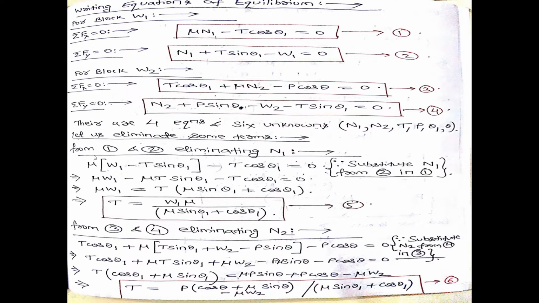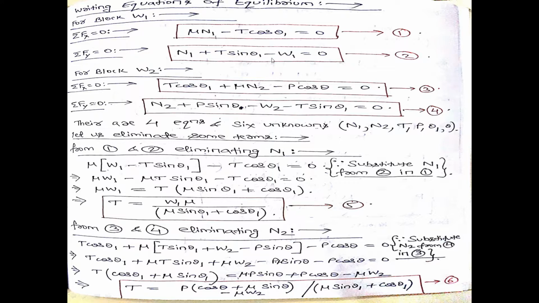From equation number 1, the value is mu N1 minus T cos theta 1 equal to 0. In equation number 1, I am substituting the value of N1 from equation number 2. From equation number 2, I will get N1 as W1 minus T sine theta 1.